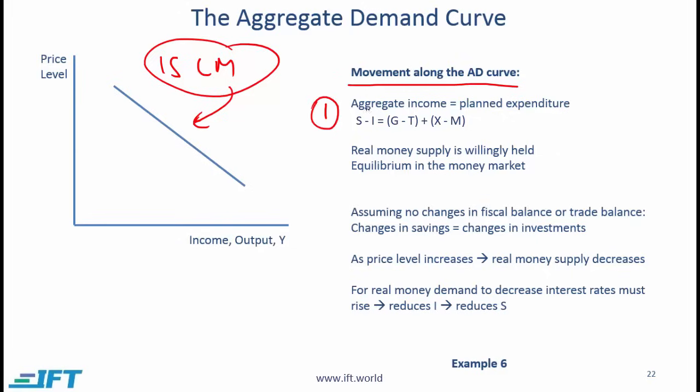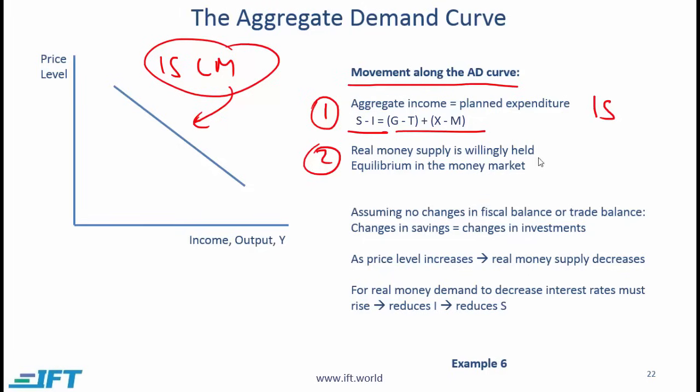First, that aggregate income must equal planned expenditure, and this was related to the IS curve. The relationship that we talked about is shown right here. And the other condition that must hold is that real money supply is willingly held by households and firms.